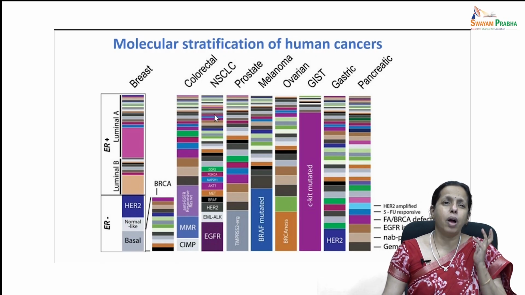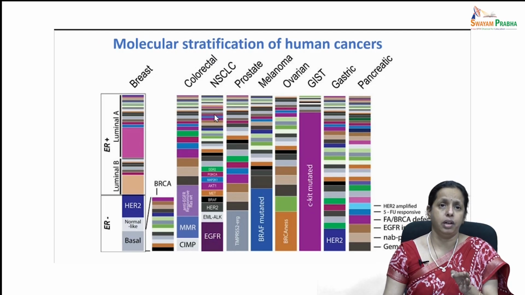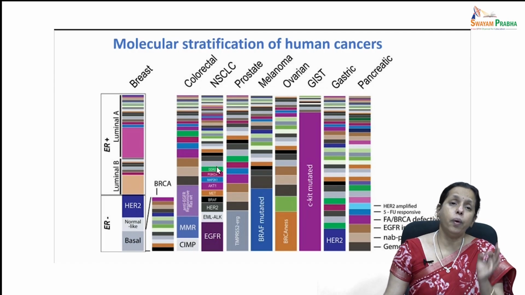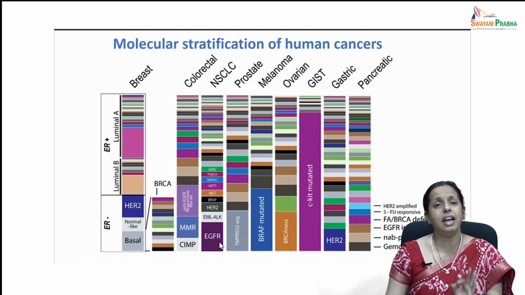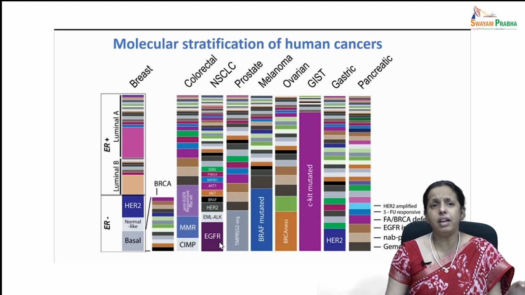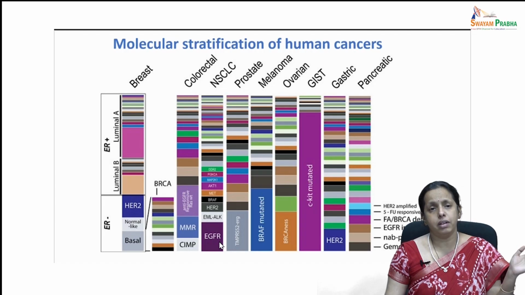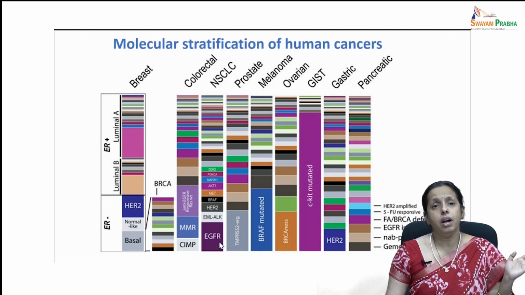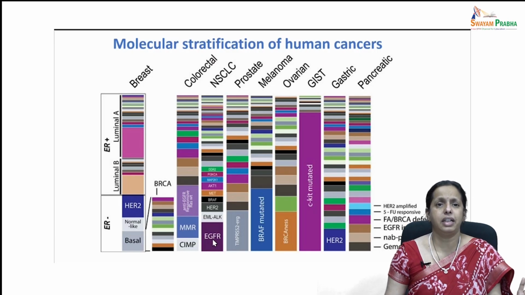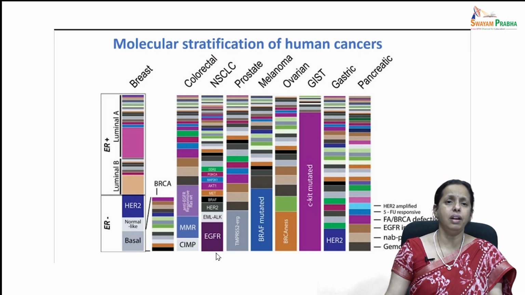Just imagine, for one patient, for one particular tumor, can we have drugs for all these particular driver mutations? Yes. If you aid a clinician in exactly identifying what mutation the patient harbors, it really helps the clinician to choose a particular inhibitor, for example a TKI inhibitor if they are EGFR positive.